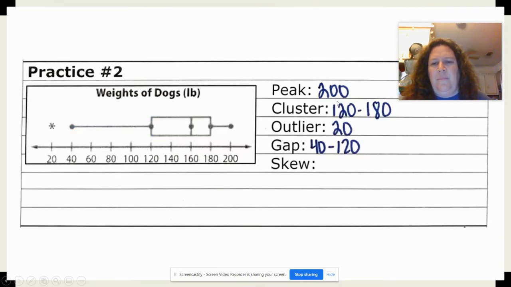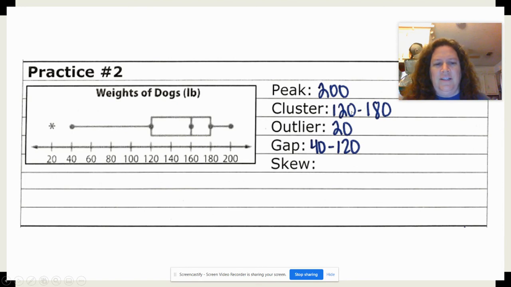So we have a peak of 200. Okay. There's no peak on this one, so disregard that. You can't do a peak on a box and whisker plot, so that is not correct. Because we don't have any individual data at all except for the 200 and the 40, we can't tell whether we have peaks or not.